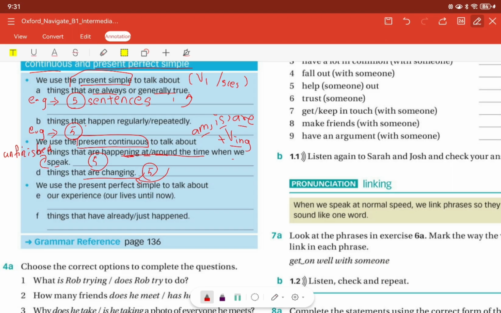For example, if I say, when my friend comes to my home, I am watching TV. So this is the first usage, the first rule that we use present continuous for.